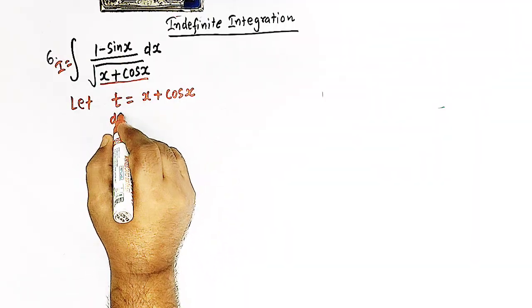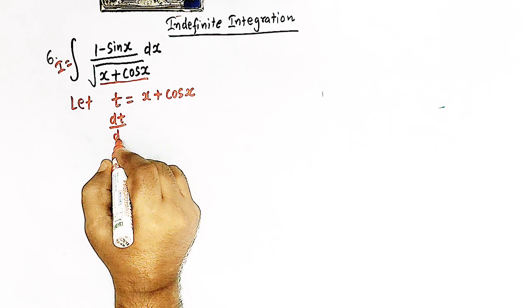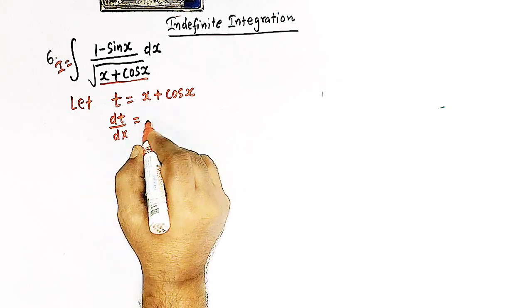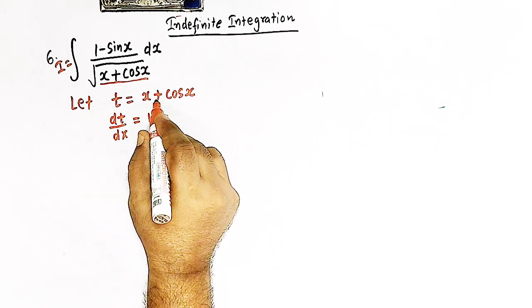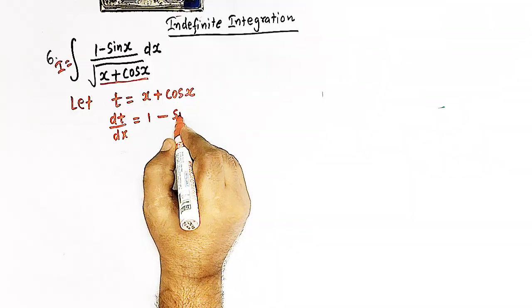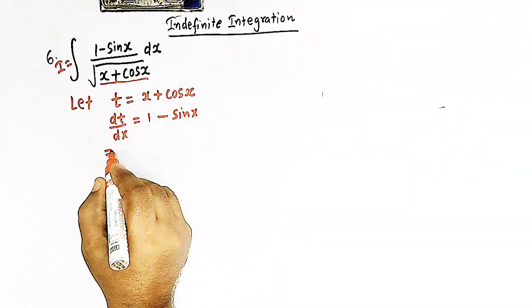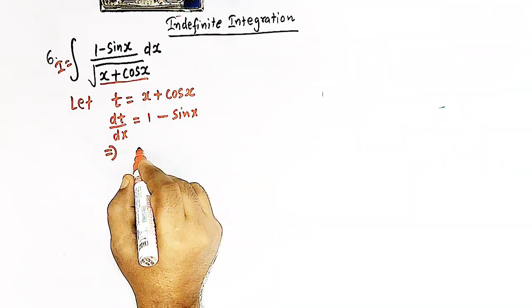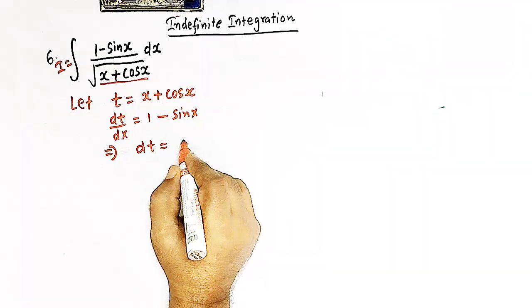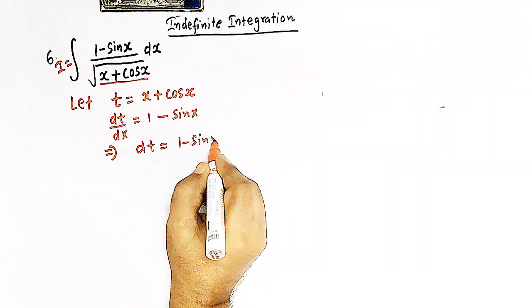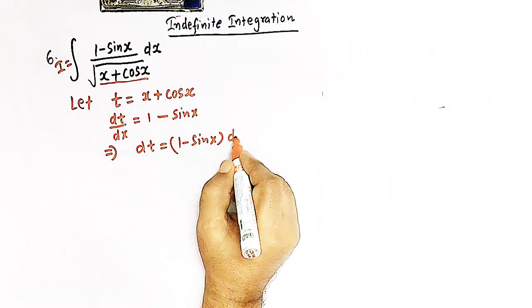So now let us differentiate t with respect to x. So the derivative of x is 1, the derivative of cos x is minus sine x. So we can now take dx to this side, so we have dt is equal to 1 minus sine x dx.